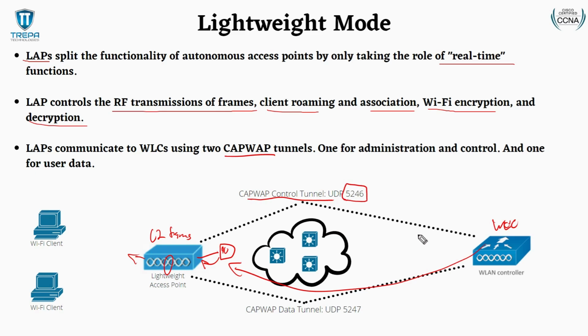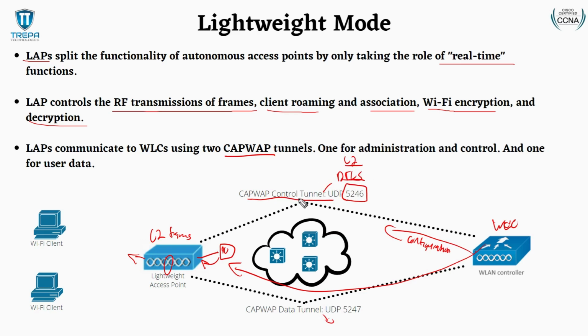And once it establishes that control tunnel, the wireless LAN controller uses that control tunnel to push all of its configuration and its image, right? Or its new profile, essentially, is going to be pushed across that CAPWAP control tunnel. And this CAPWAP control tunnel can be encrypted, as well as this data tunnel can also be encrypted using something called DTLS, which is essentially TLS but for layer 2.